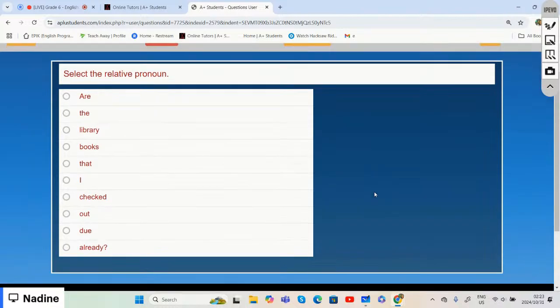The next one says, are the library books that I checked out due already? We need to select the relative pronoun. Which one is it?